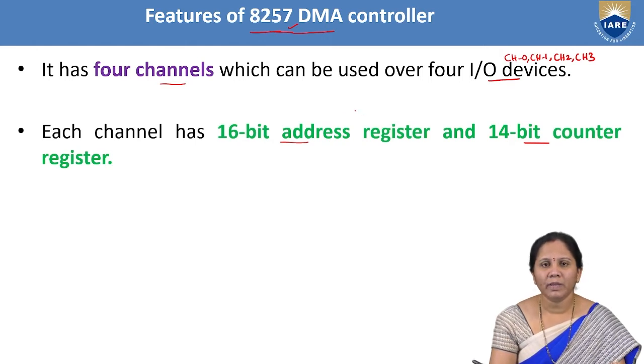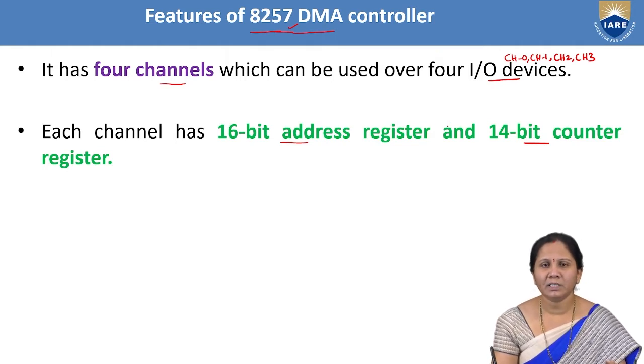It is programmable because in each channel we have a 16-bit address register and a 14-bit counter register, and by modifying the bits present in those registers, different operations can be performed. Not only the address register and counter register, we also have a mode set register and a status register. Those are the 2 registers common to the 4 channels.